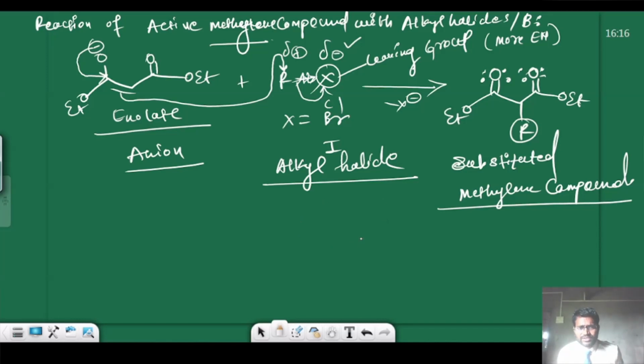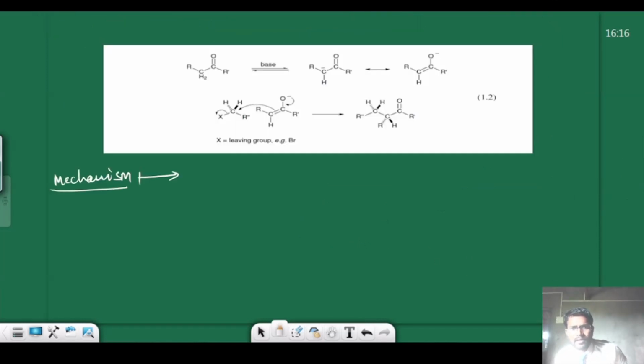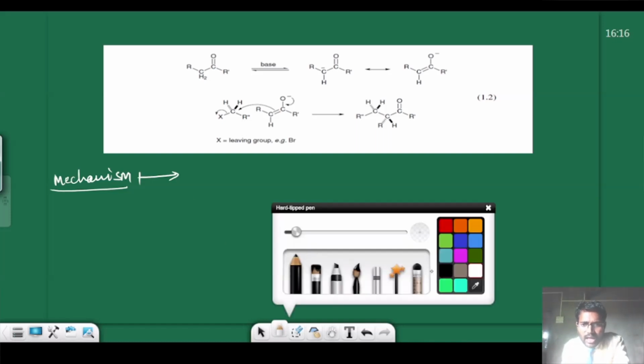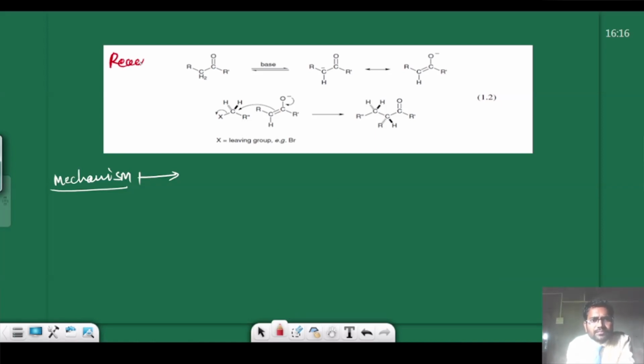Now let us discuss the next reaction. Here they have mentioned one reaction based on carbon-carbon bond formation.